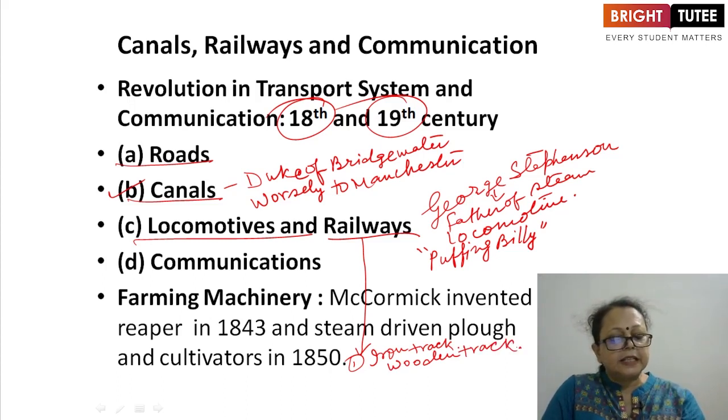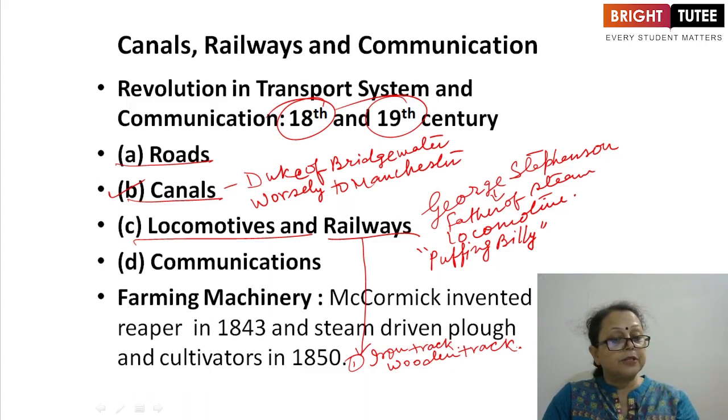The second one is hauling by steam engine, the bulky loads hauled by steam engines. The first railway line in England connected the city of Stockton to Darlington in 1825 AD, and it covered a distance of 9 miles.